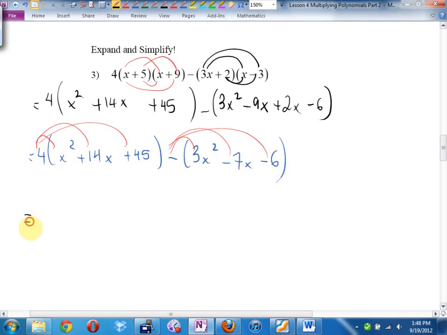I'm going to get 4x squared plus 14 times 4 is 56x. Plus 45 times 4, I'm pretty sure is going to be 180. Someone double check me. I can do math in my head. Of course, that also meant I had to grow up without a calculator. And then I'm going to have negative 3x squared, positive 7x, positive 6.